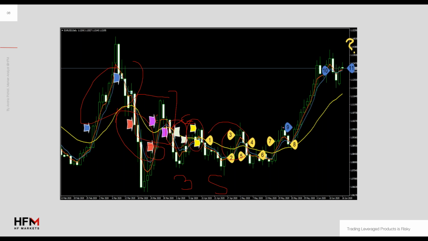But as you can see, most of the time it does work brilliantly. Okay, so if we have taken all these entries, one long, one short, one long, one short, one, what's that? That's a short one again.